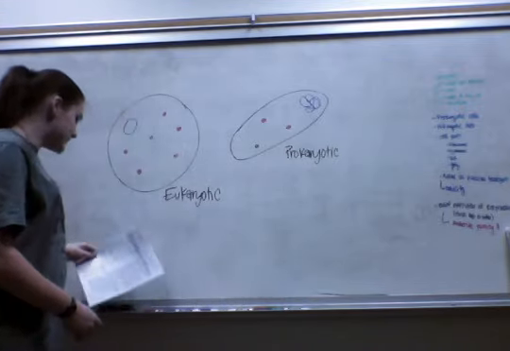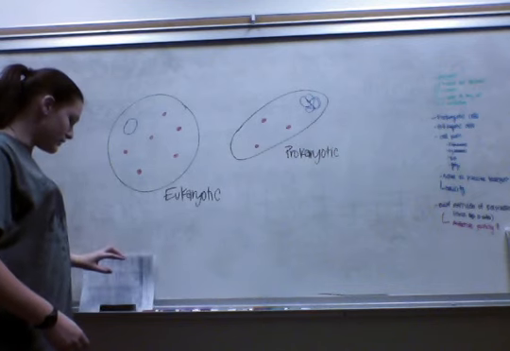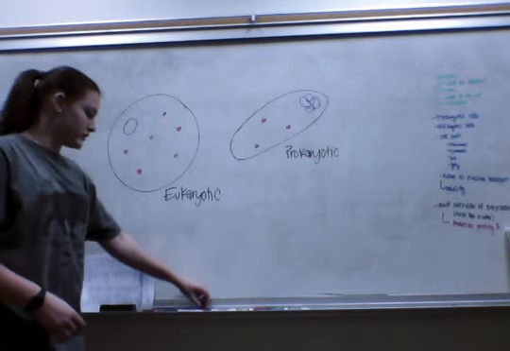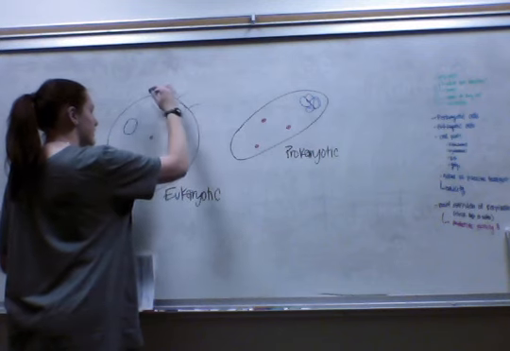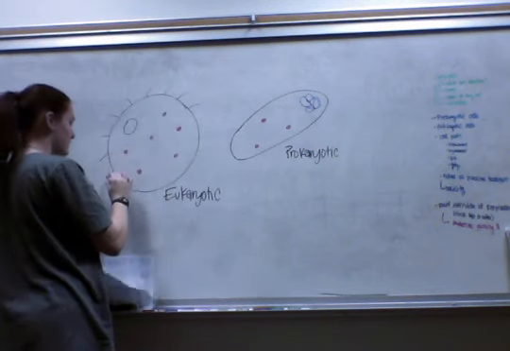So you're going to have cilia in eukaryotic cells, and I'll draw them on our eukaryotic cell here. Let me do it in purple. So they're going to be these tiny hairs surrounding the cell.